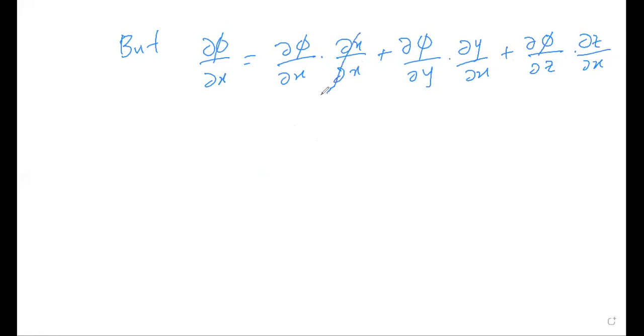What do you think? This one will be 1, no? Y does not depend on x, so this will be 0. So this is our z_x.